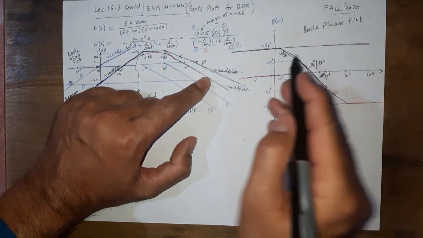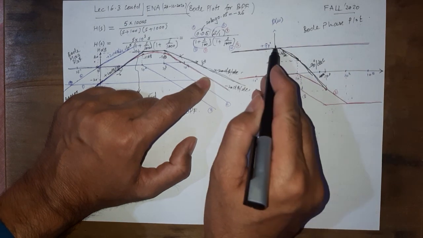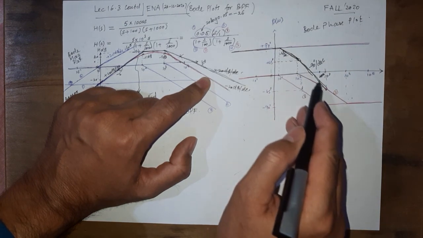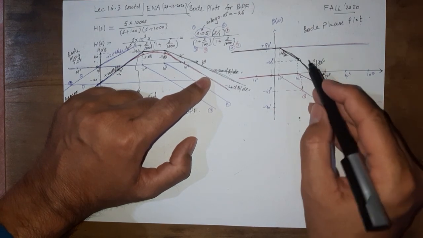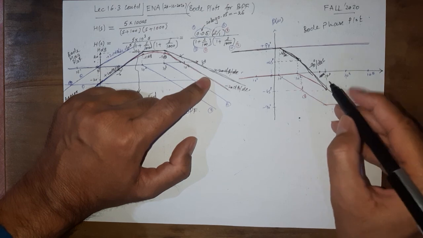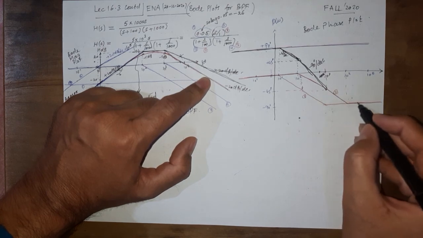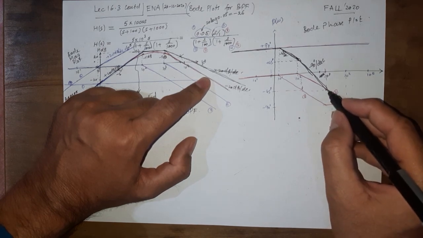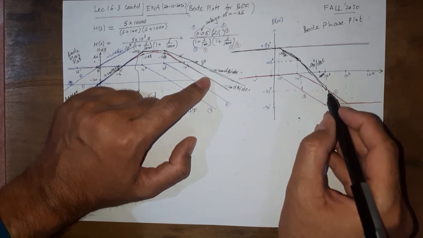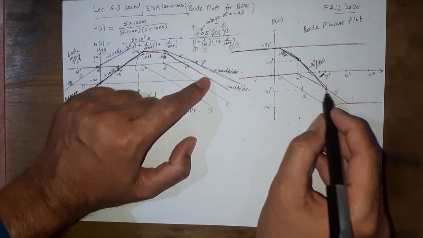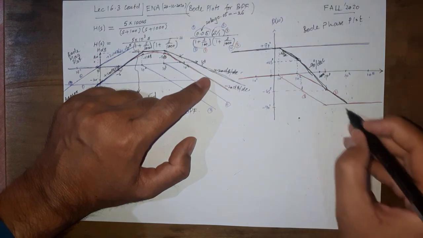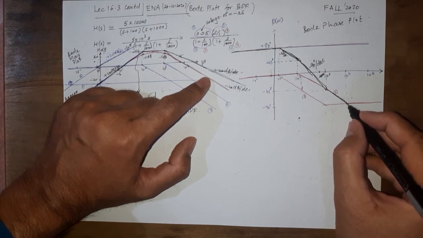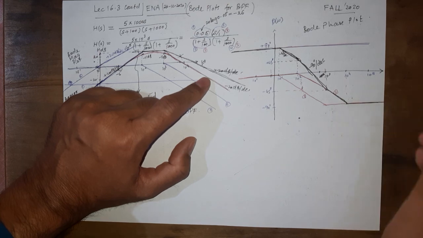This is minus 45 degree per decade. This is minus 90. So in a decade, it will fall from plus 45 to minus 45. At this point, one of them levels up. So basically, the falling rate will reduce from minus 90 to minus 45, and it will continue falling along this one, and then it will level up because the falling will also end here.